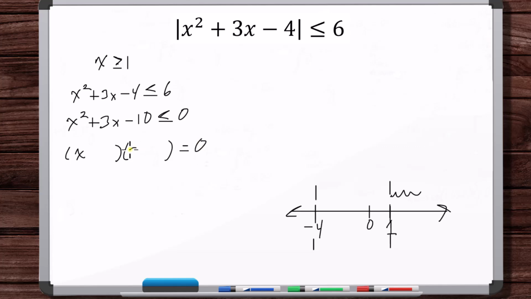So let's solve for when this quadratic is equal to 0. So we've got 5, 2 plus 5 minus 2. x is equal to negative 5, and x is equal to 2. Okay, so we know that a polynomial can only change signs when it crosses through 0.